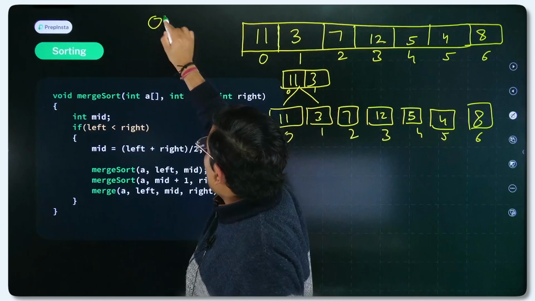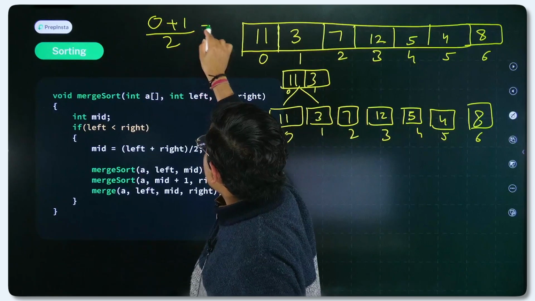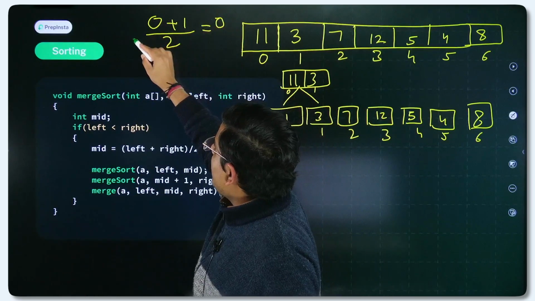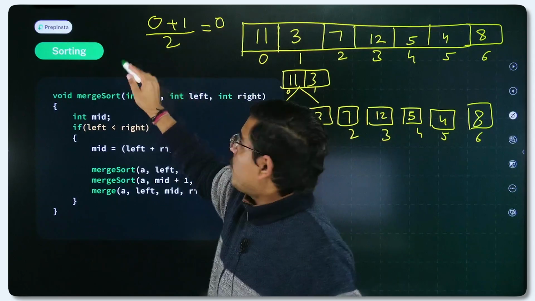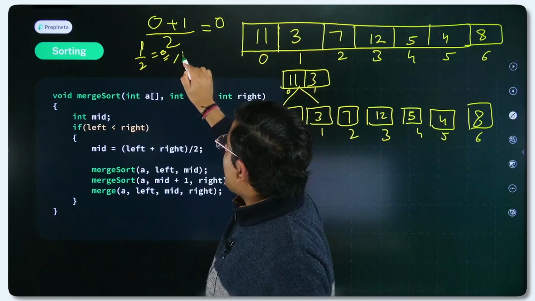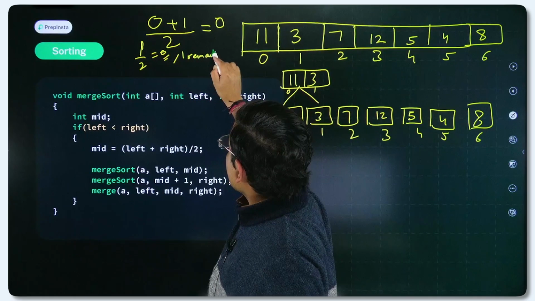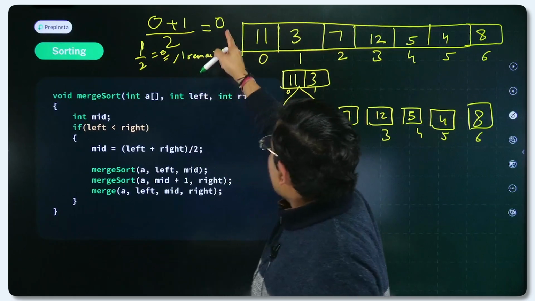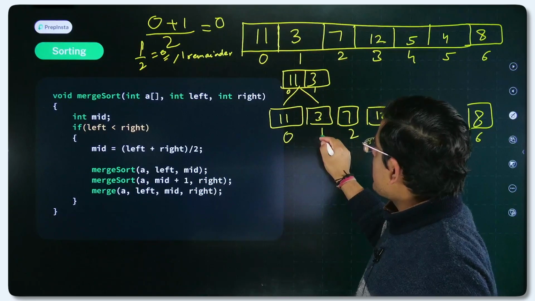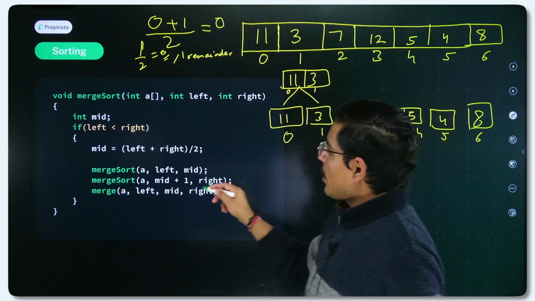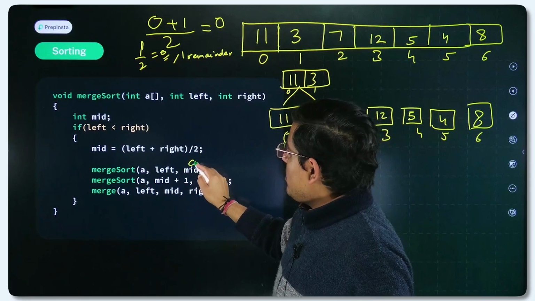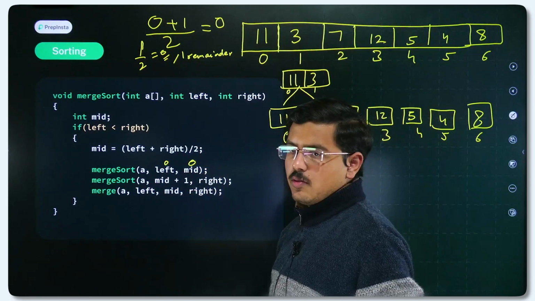So (0 plus 1) upon 2 is still 0, because in integer terms, when you check 1 by 2, you get 0 as the integer and 1 as the remainder. So here 0 is the mid value and the right value was 1. When this split happened, mid was 0, left was also 0.